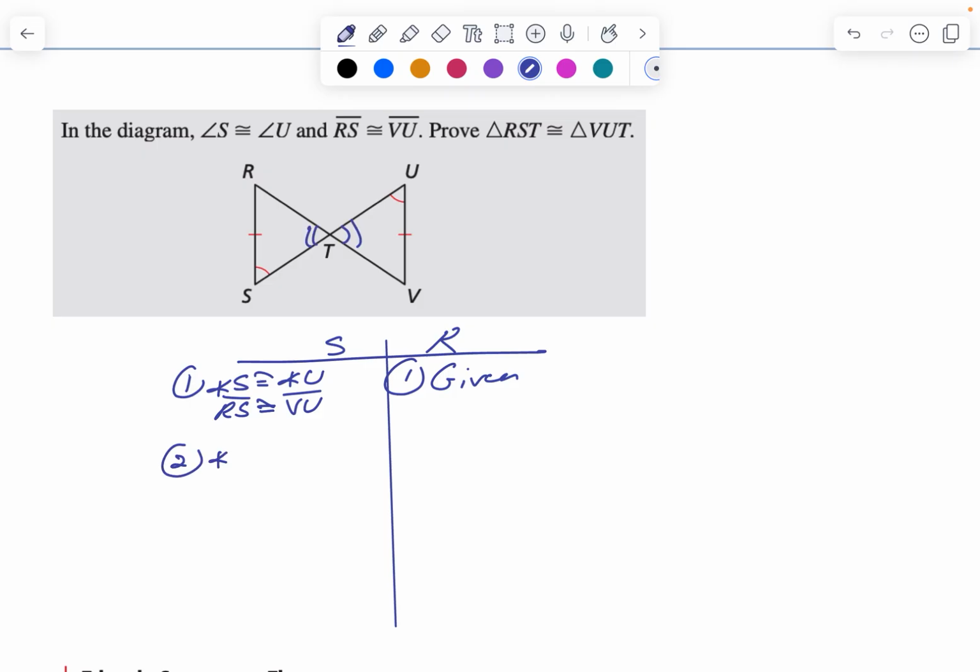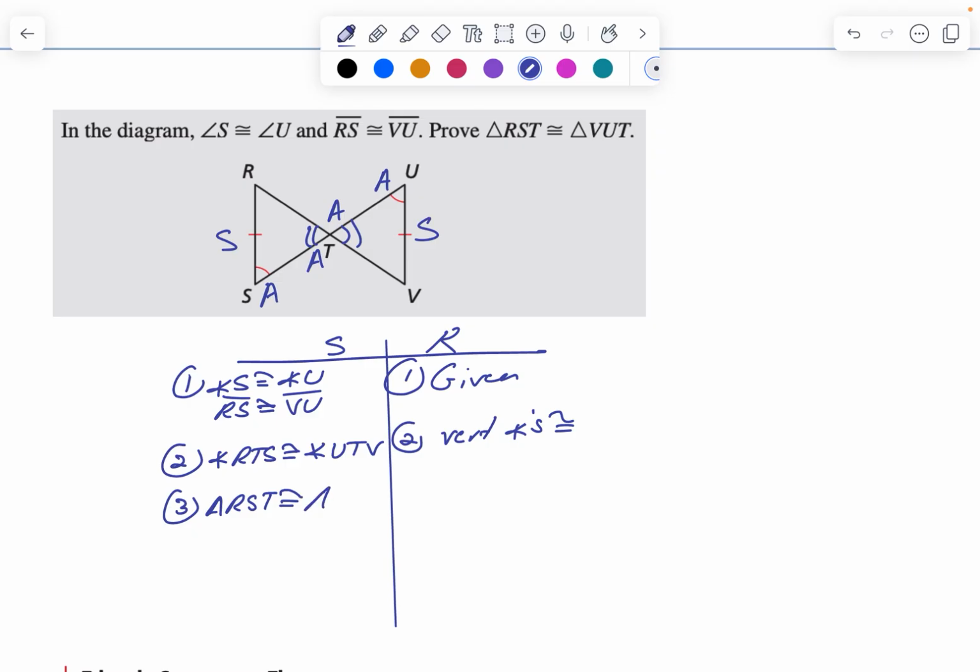So we can say angle RTS is congruent to angle UTV, and it's vertical angles congruent. And we have angle, angle, side. So we are good. Angle, and then over here, angle, angle, side. So we can say triangle RST congruent to triangle VUT by angle, angle, side.